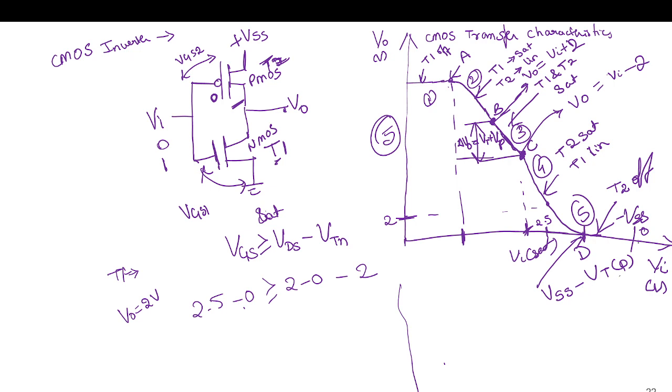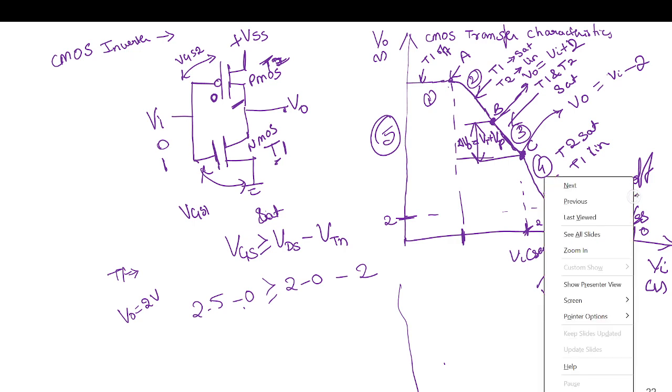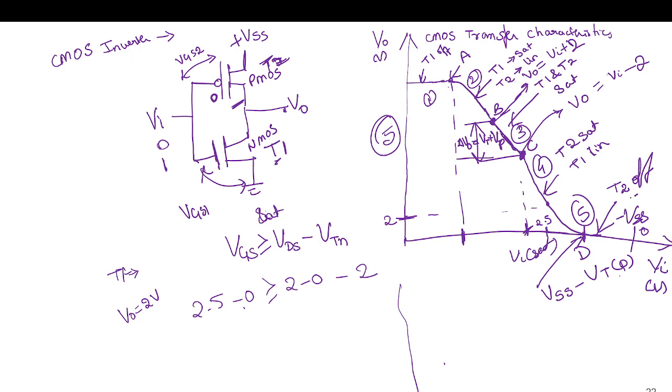It is greater than that potential, it will turn off. Here it will remain in linear. T1 will remain here in linear region. VO is this, Vi is 2.5.